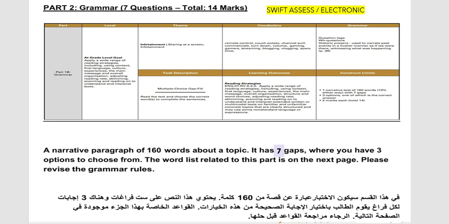Next you will be getting part 2, which is going to be grammar based. Under part 2 also you'll be getting a paragraph, and in that paragraph you'll be getting 7 multiple choice questions. Each gap filling question will have 3 options and you will have to select one best option.